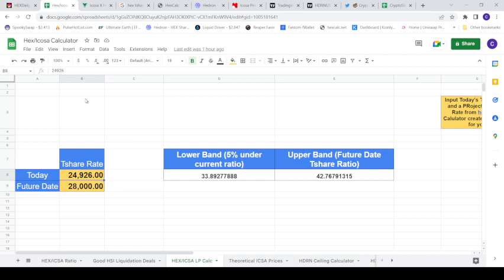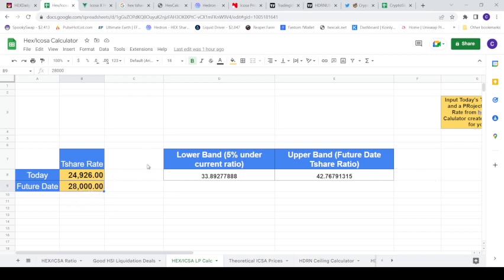All you do is input the current T-share rate and then what the T-share rate will be in the future, based on the amount of time that you want to do your LP on. So 28,000 hex per T-share would probably get reached in maybe 6 months, 8 months. I think the T-share rate will be around 28,000.